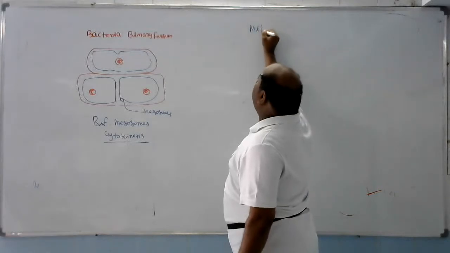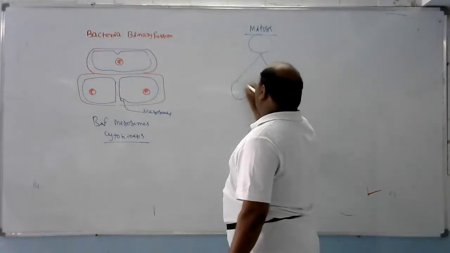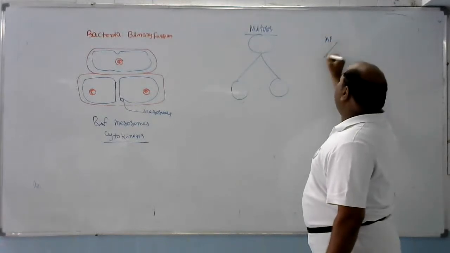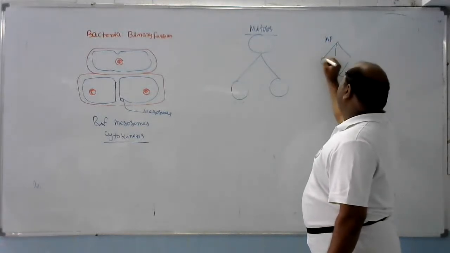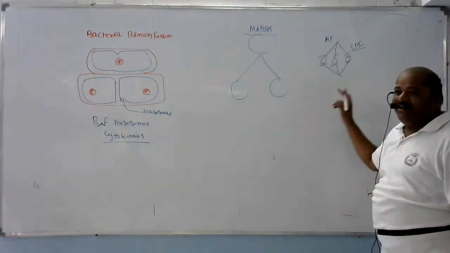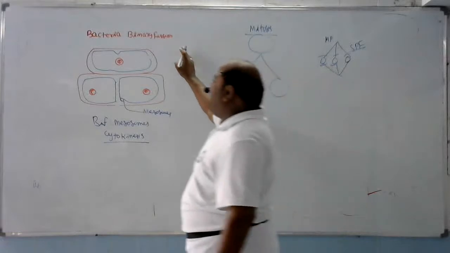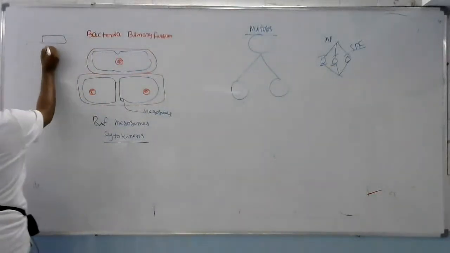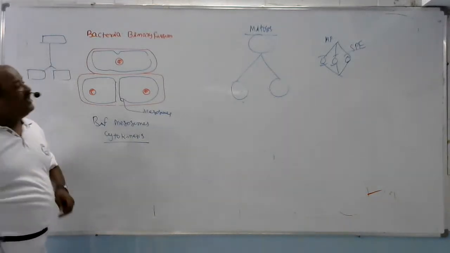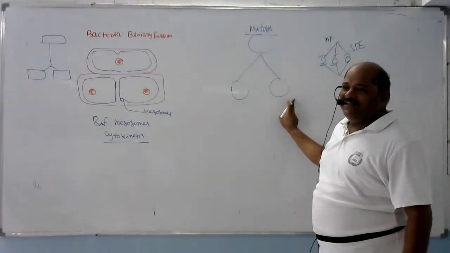Whereas if you come back to the mitosis process, once the cell is divided, we will get two cells.